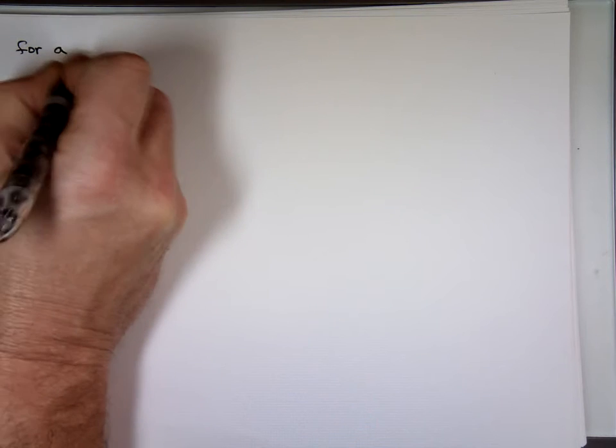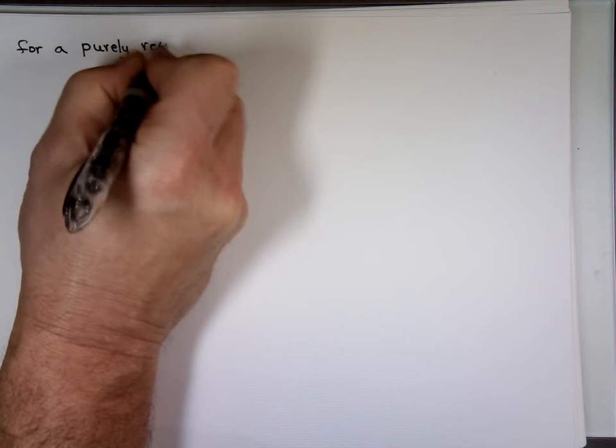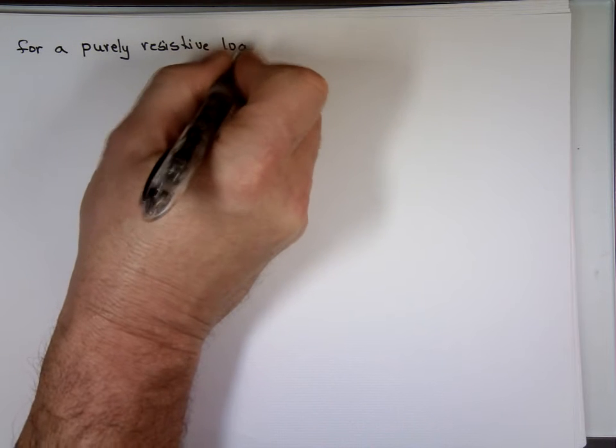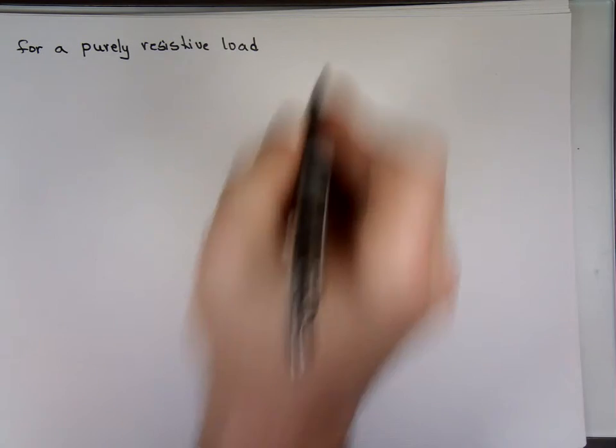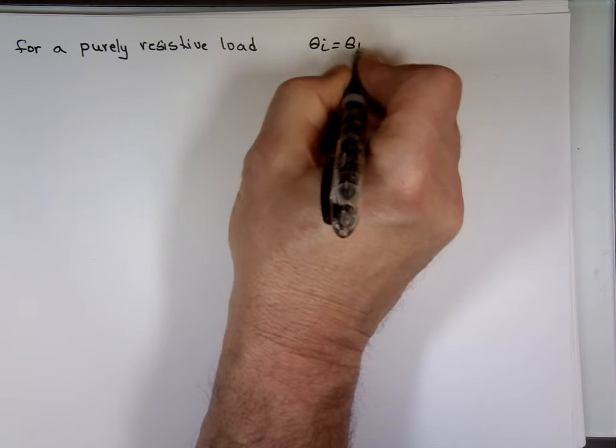Now, if your load is purely resistive, that means there are no capacitors, there is no inductor, you're going to find out that theta I really equals theta V. There is no phase shift.